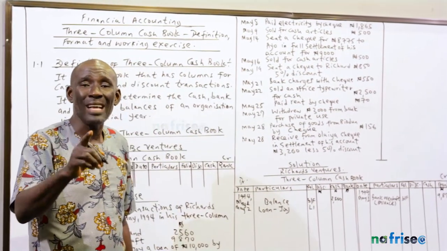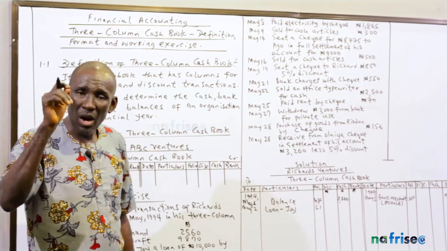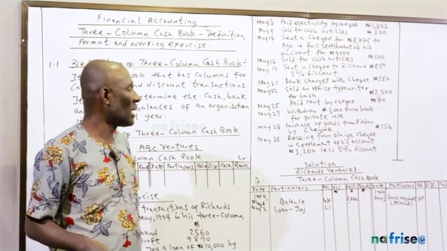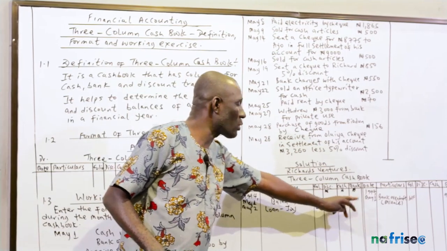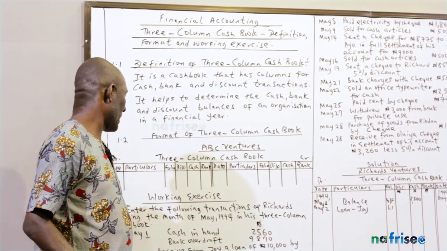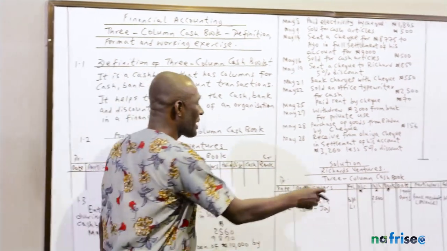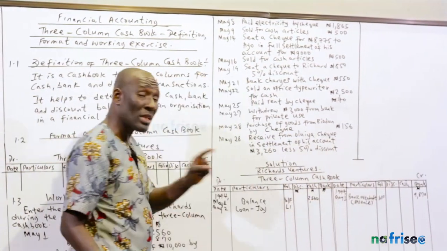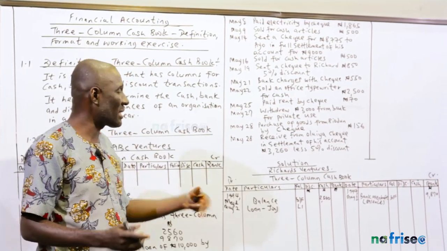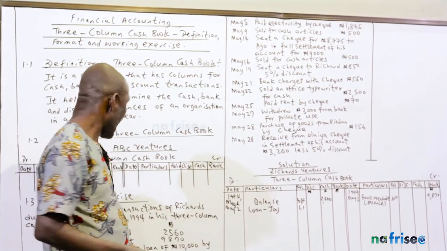L1 indicates ledger 1. Now, we have discount, cash, and bank. It was received by check, so that is bank. You go under bank. You can't put it under cash because it was not received in cash, and no discount is involved. So it will go straight to bank. How much is involved?